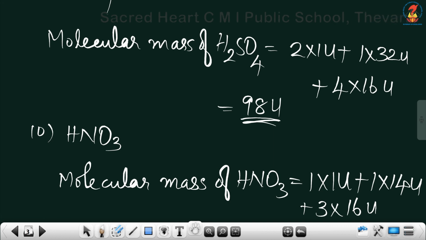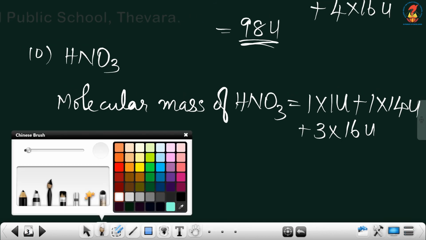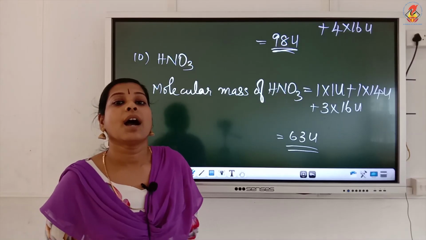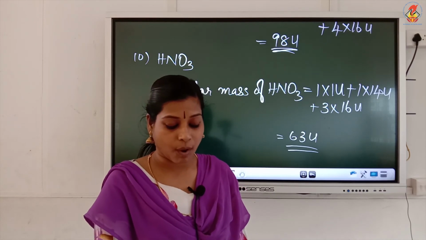So total how much you will get? 1, 14, 15, 15 plus 16 into 3, that is equal to 63U. So this is how to calculate the molecular masses of elements as well as different compounds.